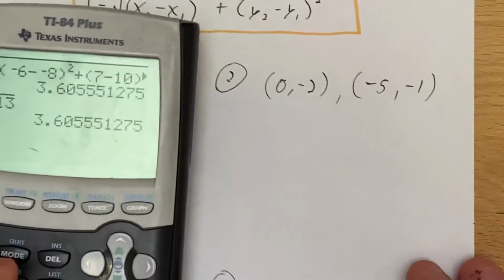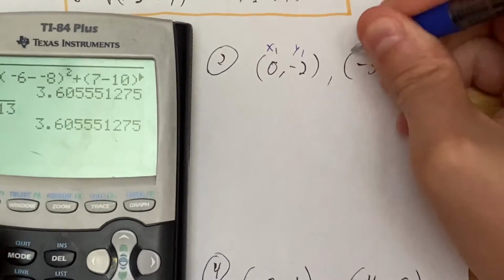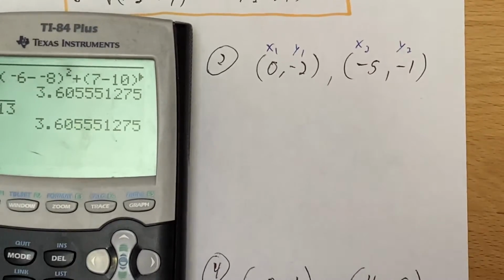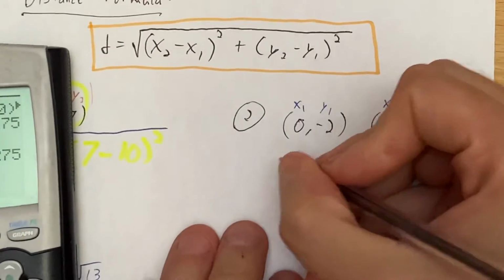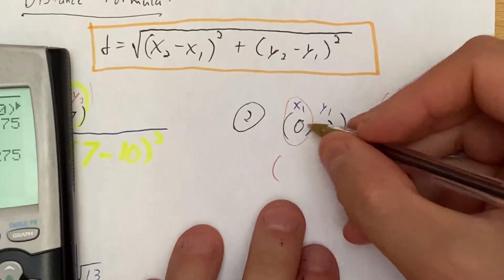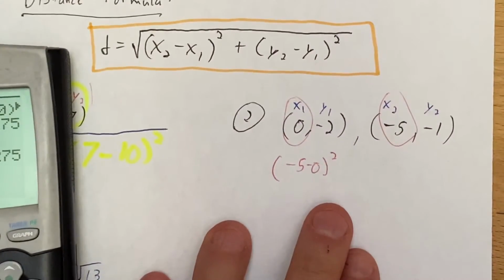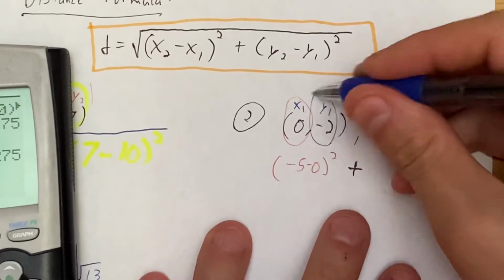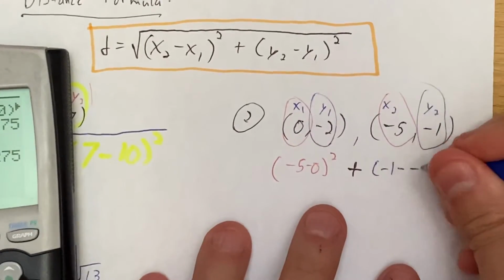Let's try another one. So here, once again, this is my x1, y1, my x2, y2. And in the formula, I'm going to take the x's and subtract them. So -5 minus 0 squared plus y is being subtracted. y2 minus y1.